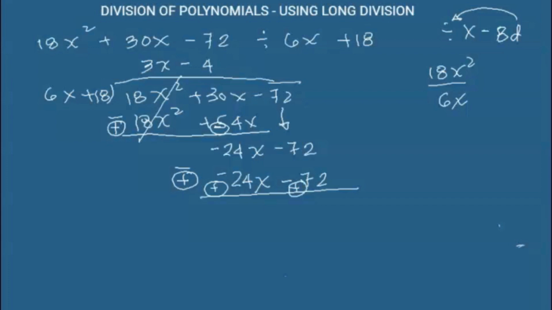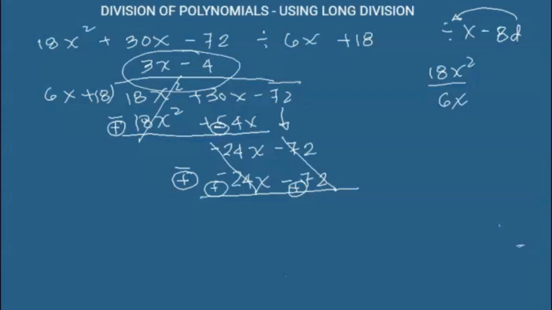Negative 24 plus positive 24 is 0. Negative 72 plus positive 72 is 0. So the answer is 3x minus 4. You can check your answer by multiplying your quotient 3x minus 4 to your divisor 6x plus 18, and you should get 18x squared plus 30x minus 72.